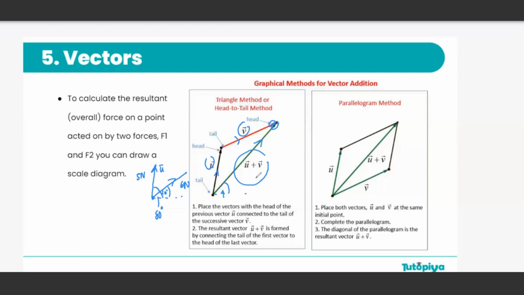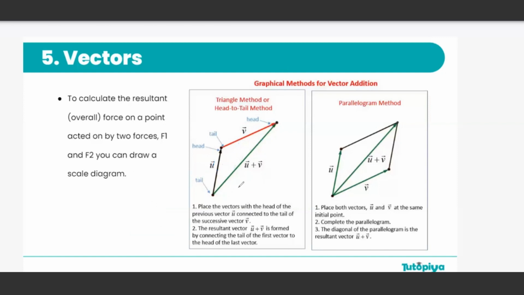To get the magnitude, you should draw this diagram to scale. So in this case, since V is 6 newtons, you can represent V by a 6 centimeter line. So 1 Newton is represented by 1 centimeter. Then what is the length of U? It is 5 centimeters. Now you can simply use a ruler to measure the length of this green line to find the magnitude of the resultant force.